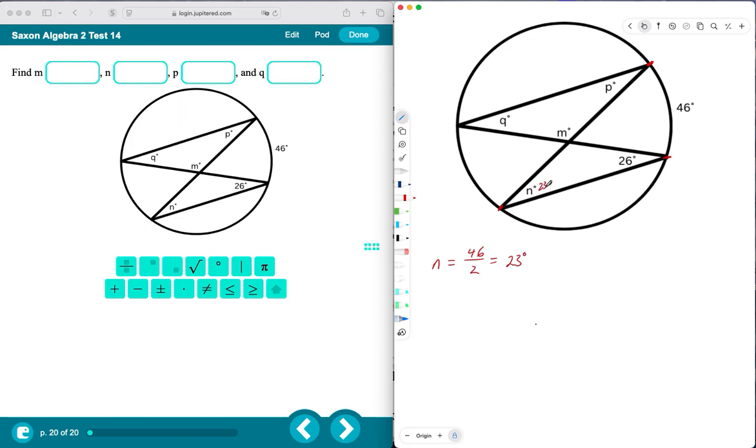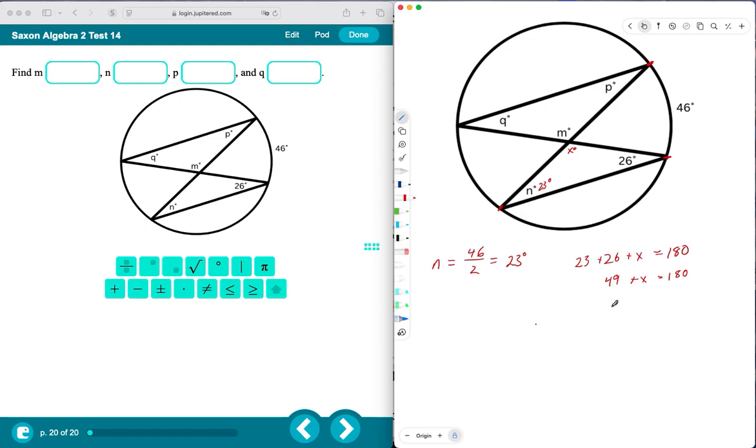So if this is 23 degrees, we know the inside of a triangle always equals 180. Let's call this X just to keep up with it, right? So that means that 23 plus 26 plus X is equal to 180. So 23 and 26, that's going to be 49 plus X is equal to 180.